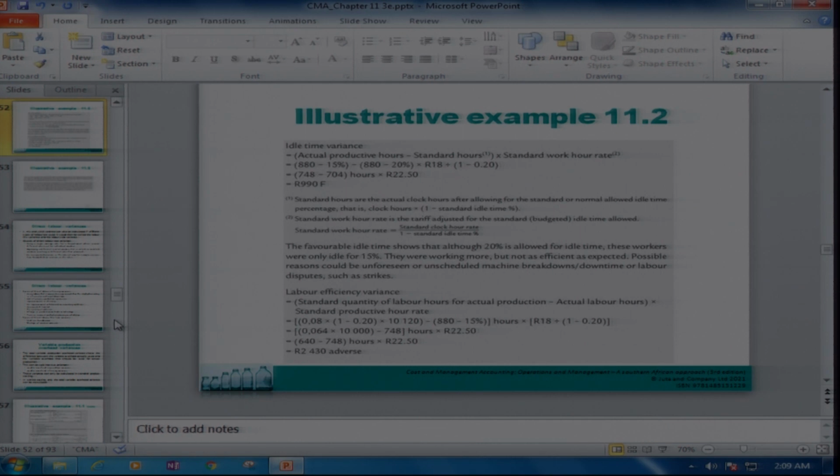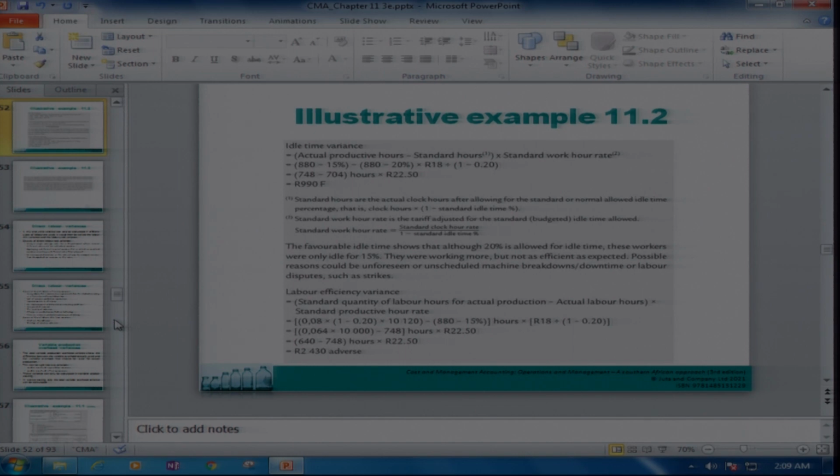It will give us a variance of 2,430. The variance is unfavorable or adverse. Why? Because as per the budgeted information, taking into account the idle time, we only budgeted for 640 hours when we actually worked 748 hours. So remember, this is labor.